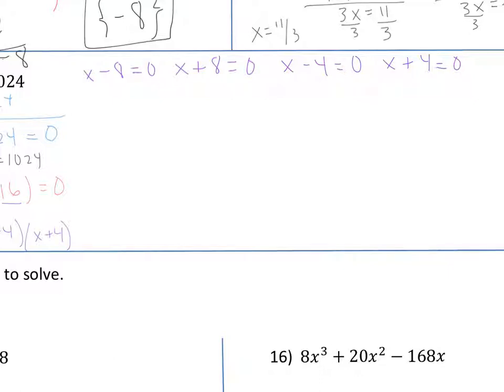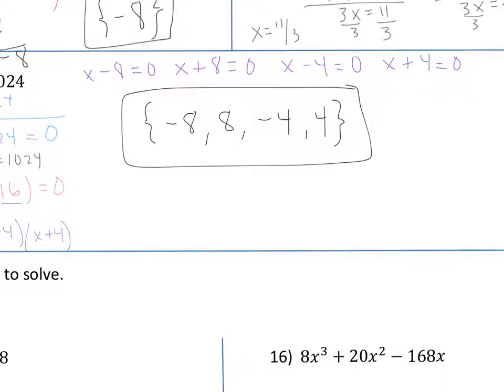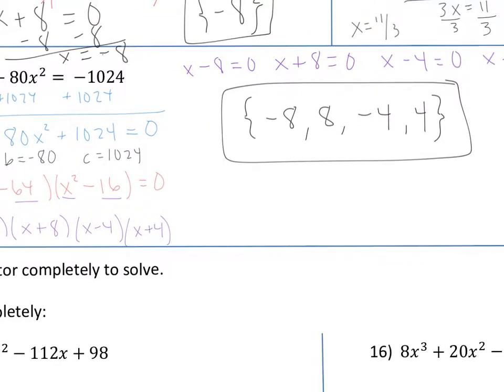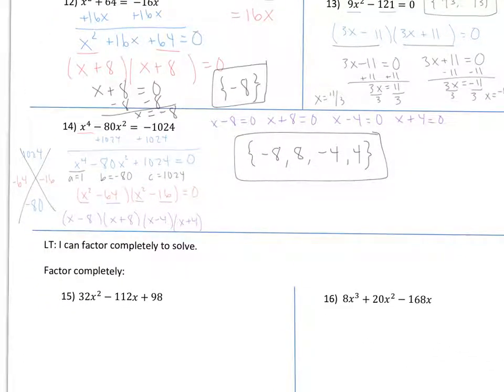And so my 4 solutions to this equation, in bracket form, are -8, positive 8, -4, and positive 4. And I did, in fact, end up with 4 solutions, and I could check to make sure that I am right by plugging them back into my original equation and making sure that they satisfy that, which they will.